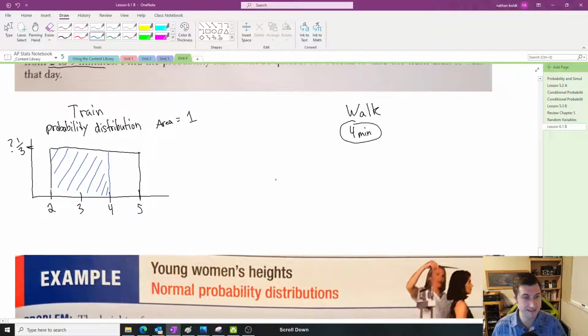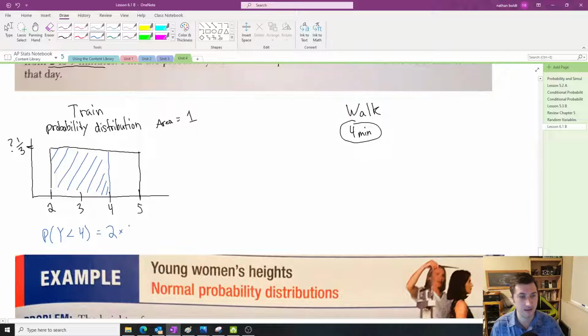So what is that probability? The probability of our random variable y being less than 4 is equal to the area of that new rectangle. It has a base of 2 times a height of 1/3, so that is 2/3, or 2 divided by 3 is about 67%.